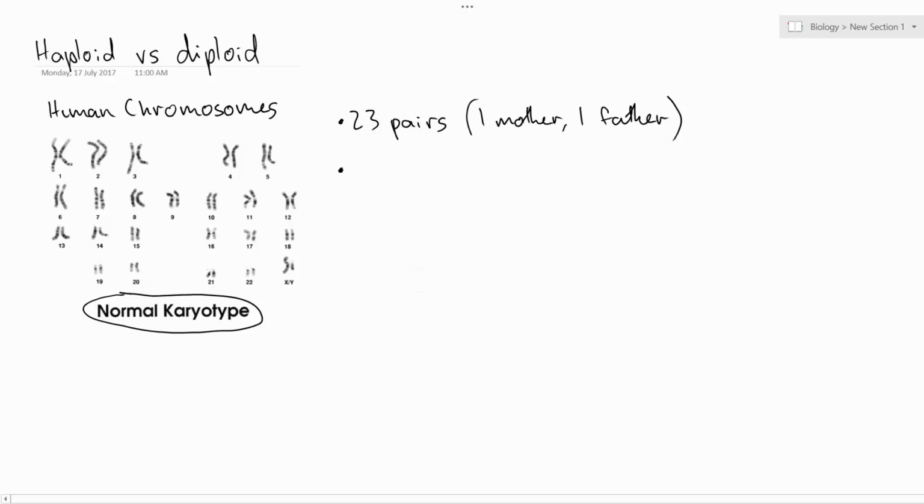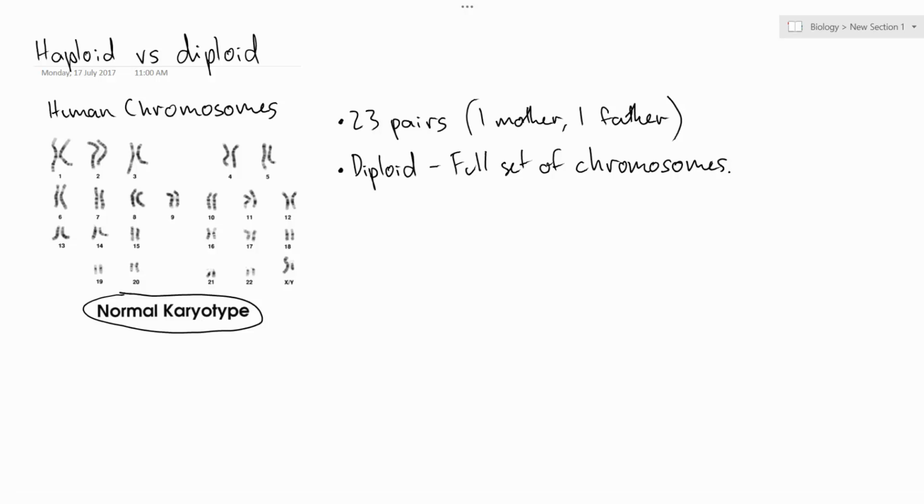The reason why every cell that contains this full set of chromosomes in a human would be diploid is because a diploid cell has a full set of chromosomes. So in a human, if a cell has 46 chromosomes in it, existing in 23 pairs, then we say that they are diploid, they have a full set.